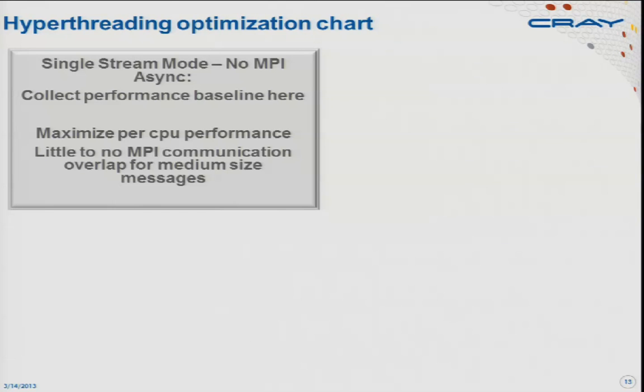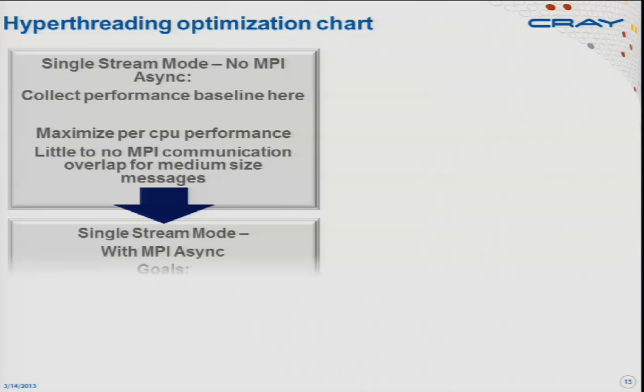There is little to no MPI communication overlap. Little to no is really a fuzzy thing here, because it depends on your app as to whether or not you're already getting async. I'm not saying it doesn't happen. I'm saying it's kind of harder to happen in this mode. But this is the default. This is where you're going to start to run.